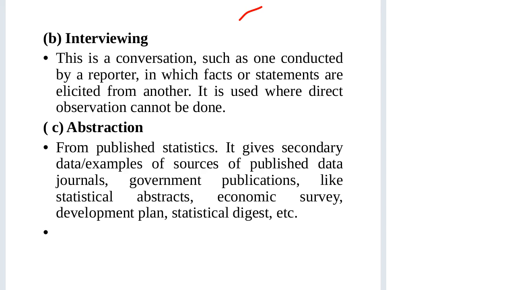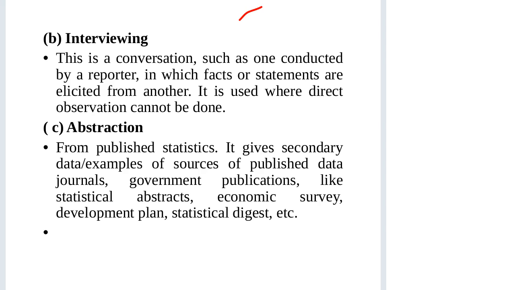So if you want to carry out a secondary study, and we need secondary data, we can simply go to the economic surveys that are carried out every year, and pick the information from there. For example, you want to know the trends in the economic growth in Kenya.